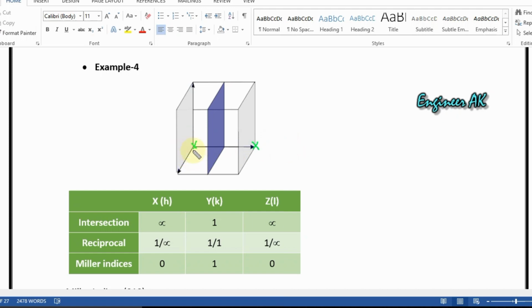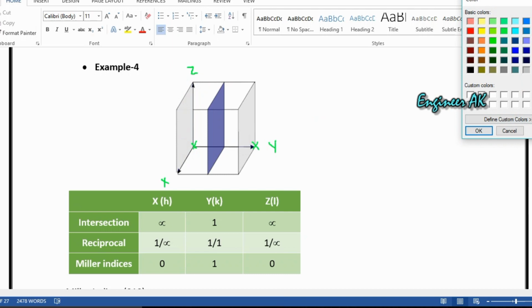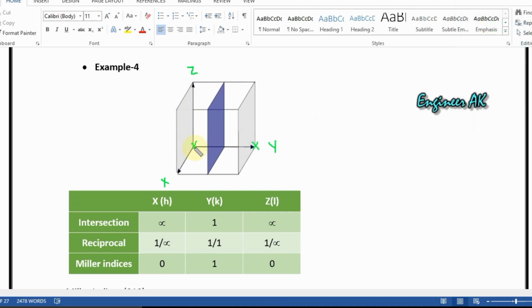Let's suppose I'm taking this one, with this as my x-axis, this as my y-axis, and this as my z-axis. If I move in the x-axis, it is not cutting, so it means it is infinity.